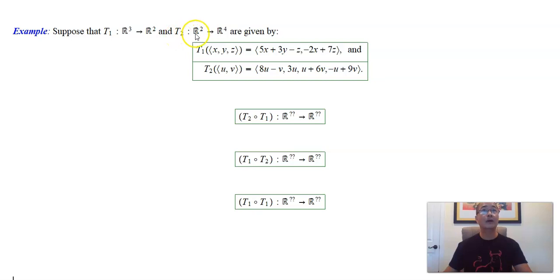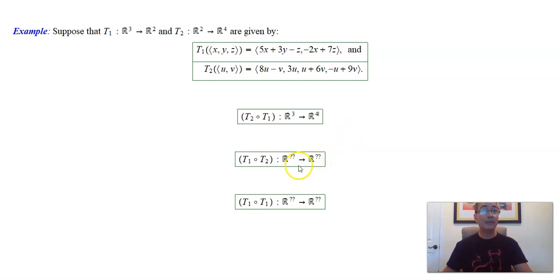T2 takes over and goes from R2 to R4. So yes, that composition, of course, is defined. And it starts at R3, the input for T1, and it finishes at R4, the output for T2. So that is T2 composed T1.